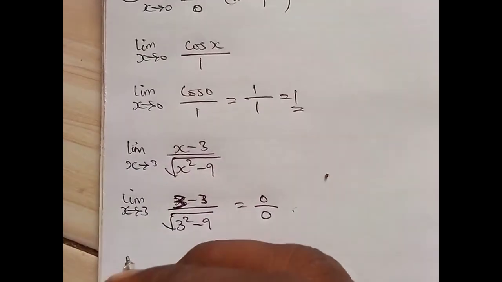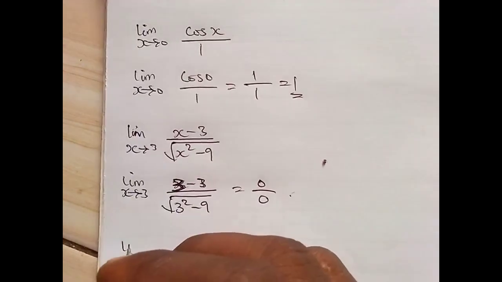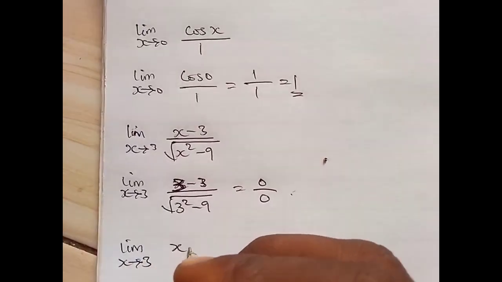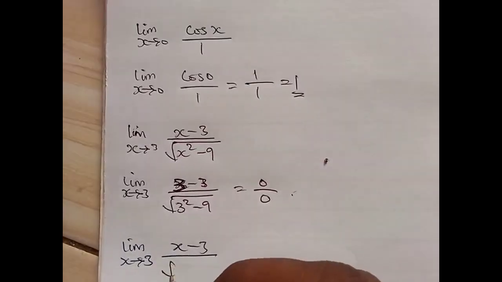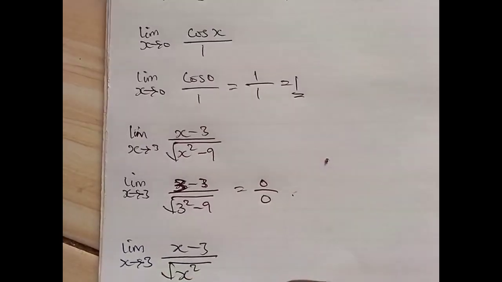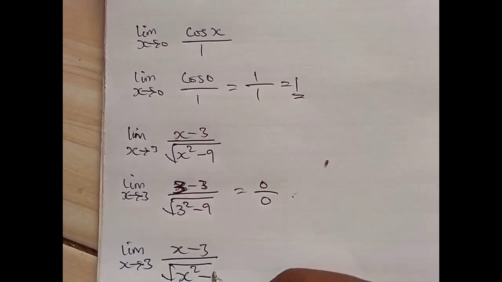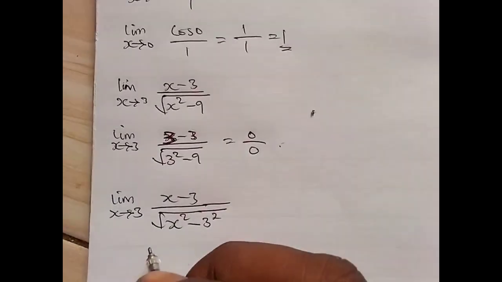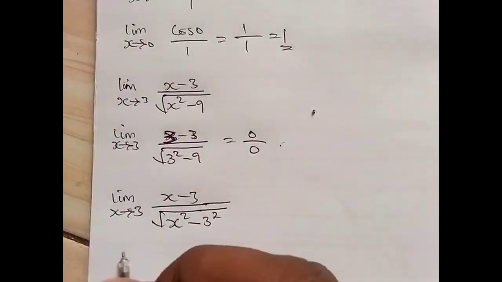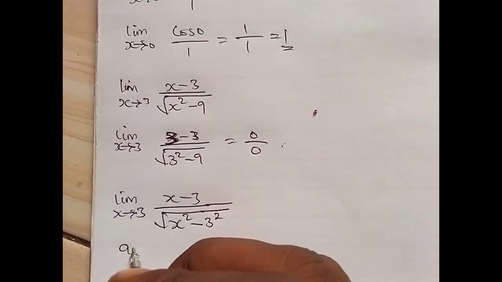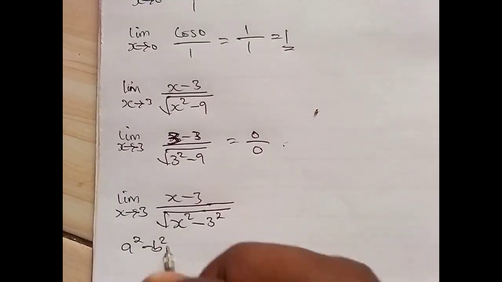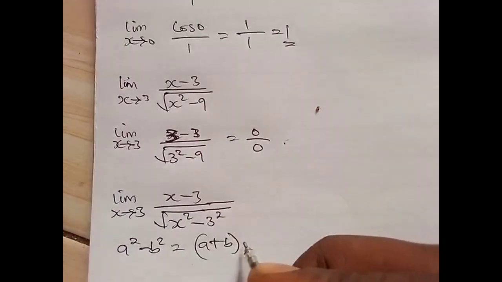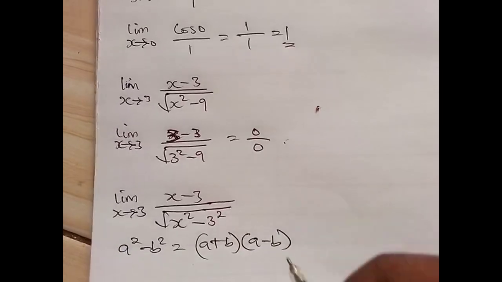So we can actually factorize this and say limit as x tends to 3, x minus 3 over square root of x squared minus 9. Instead of saying 9, we say 3 squared, the same thing as 9. And you know the difference of squares says a squared minus b squared is the same thing as (a plus b)(a minus b).